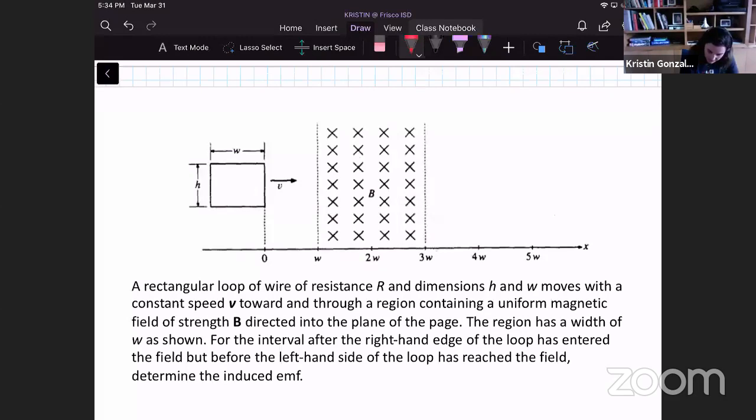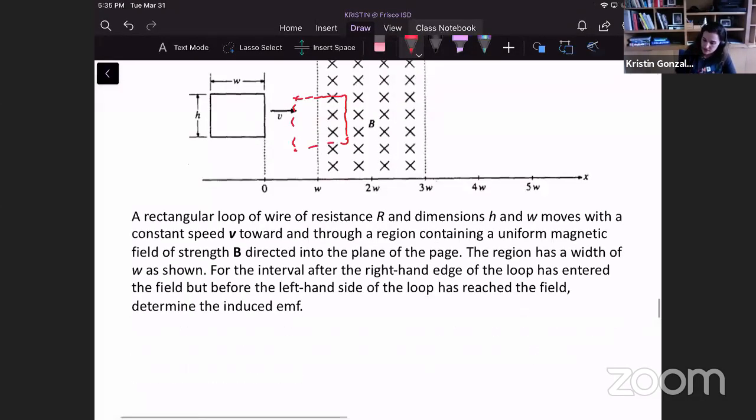So if we sketch that out, then we know that that leading edge is inside it only. What would happen if we have all of it inside, right? Well, we can look at that too, but we only want to look now at if part of that wire is in that field, then what's going to happen? So if we want to know what the induced EMF is, well, we know that induced EMF is going to be equal to that same thing that we used last time.